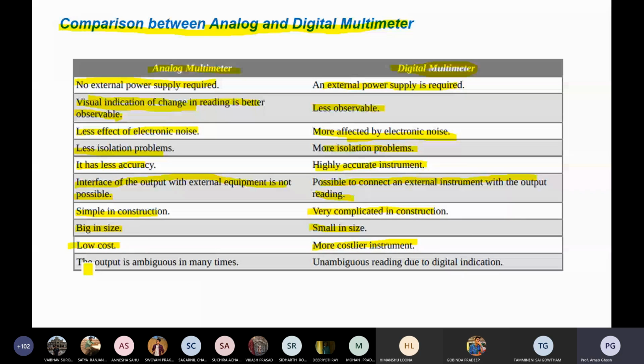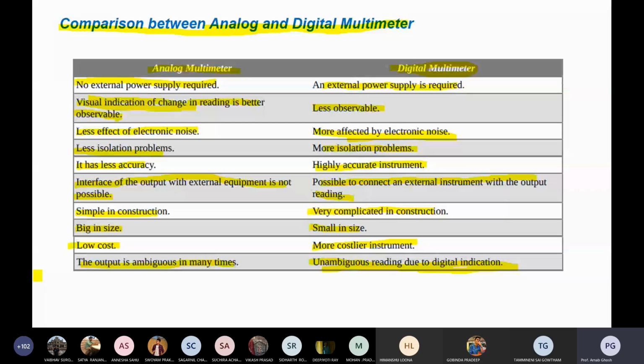The output is often ambiguous in the analog case, versus an unambiguous reading due to digital indication. Only a technical person can see how much the voltage reading, current reading, or power reading is in a multimeter, because the pointer is always moving from its initial position to the actual position, so only a technical person can read out that value.